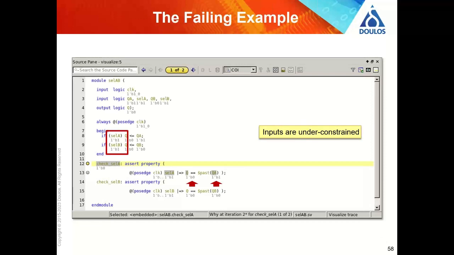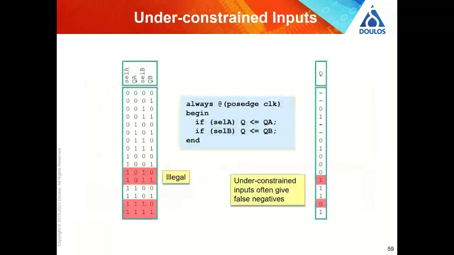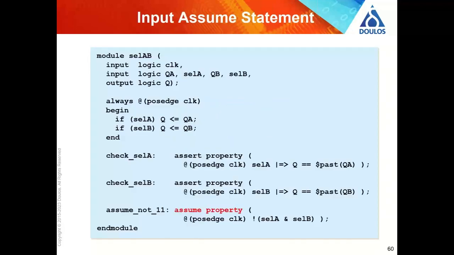It's under-constrained because we haven't written any constraints that limit that. If cell A and cell B should never be 1 at the same time, we can effectively eliminate those from our truth table. So we need a way of telling the formal tool that that is the case. This is known as under-constraining, and we've got false negatives because we've got a failure where we shouldn't have one. So the solution is to write an assume property.